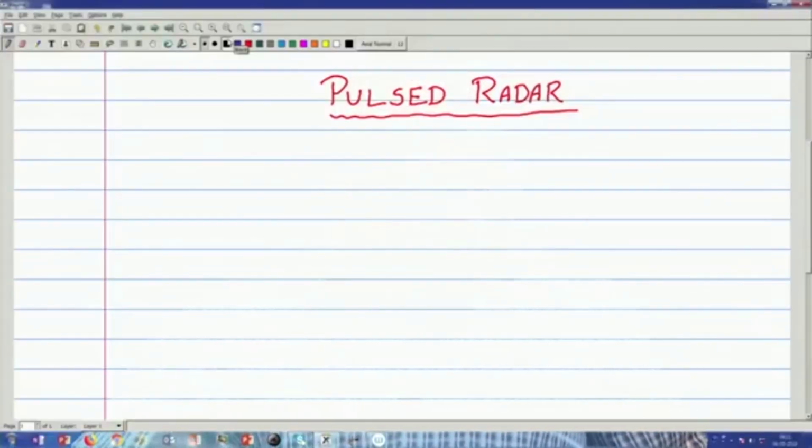Now, the pulse radar means instead of sending the transmitted signal continuously, we will have a pulse radar. So, first I will draw a very simple block diagram and then we will see the actual block diagrams that are used.